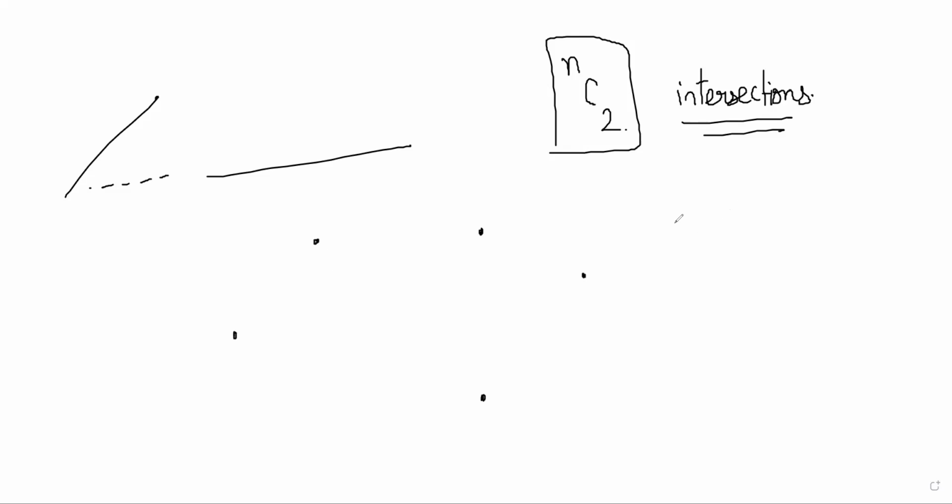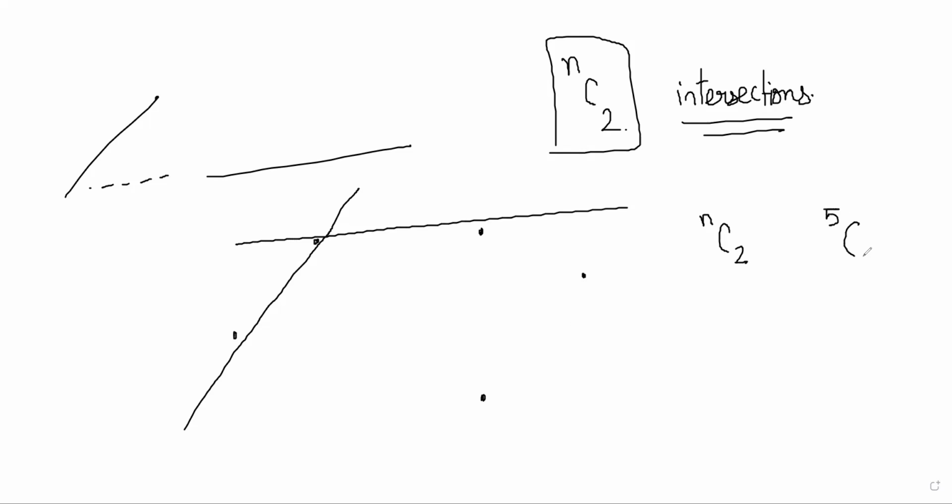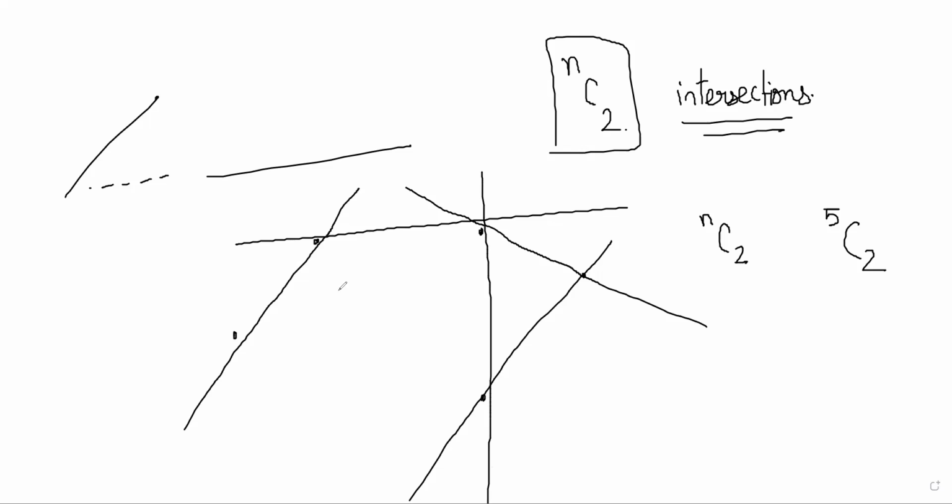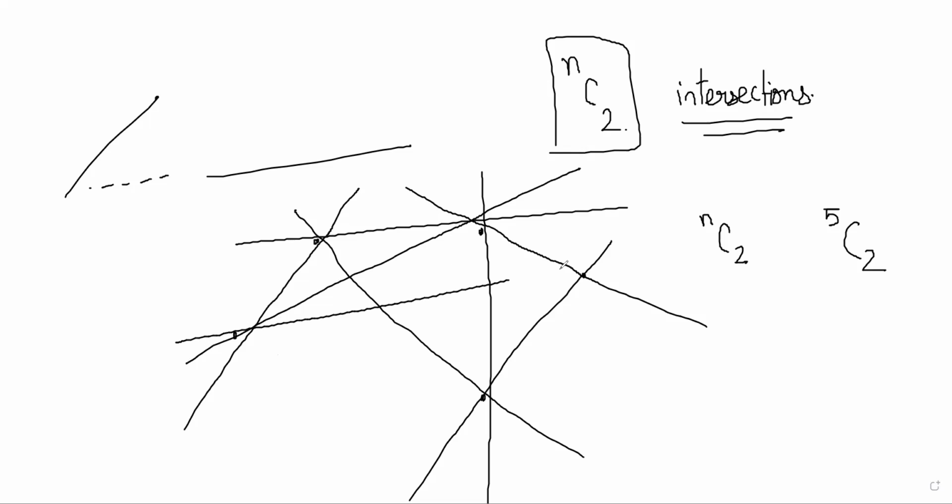So the number of lines that can be drawn will be nC2 here, because 2 points will define a line. And n is 5 here. So 5C2 lines can be drawn here, or 10 lines. You can actually draw them out.